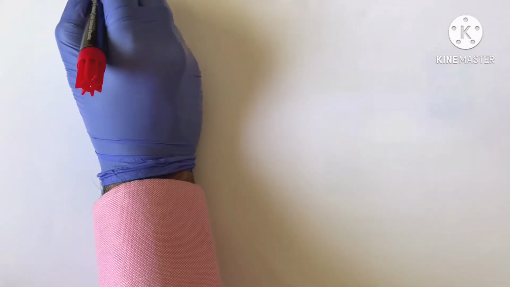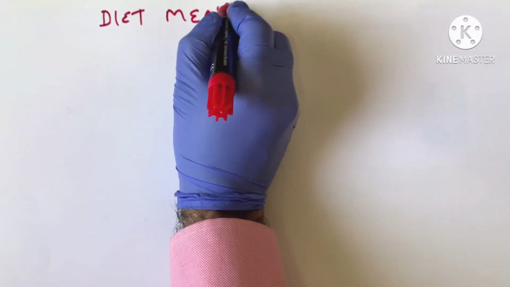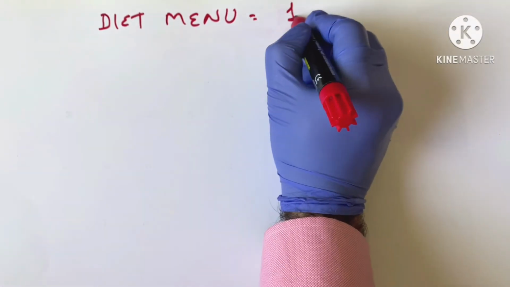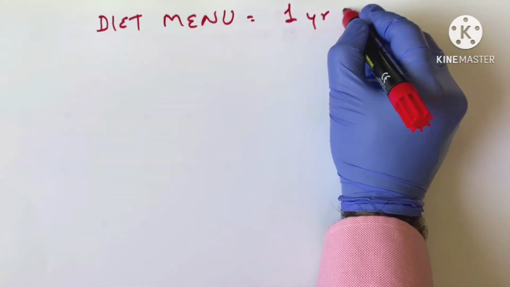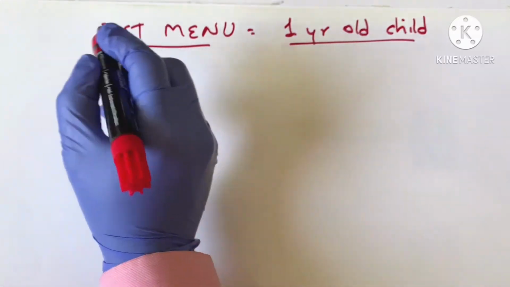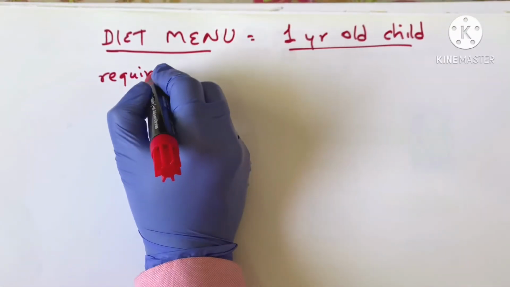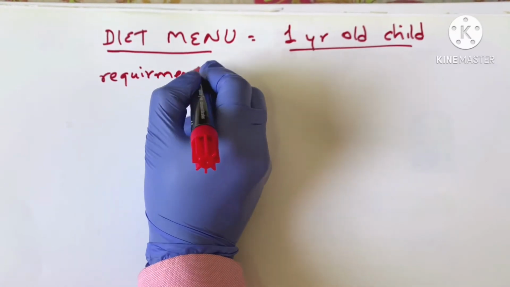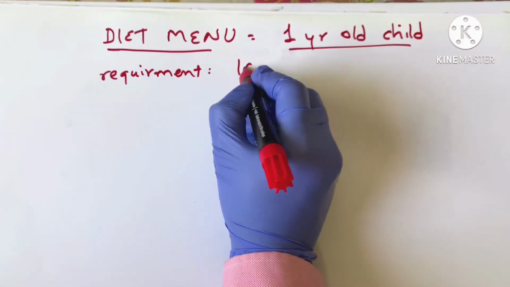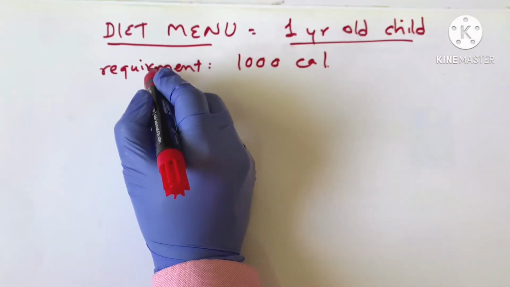Now we will see the diet menu or the sample menu for a 1 year old child. The requirement of a 1 year old child is somewhere around 1000 calories.